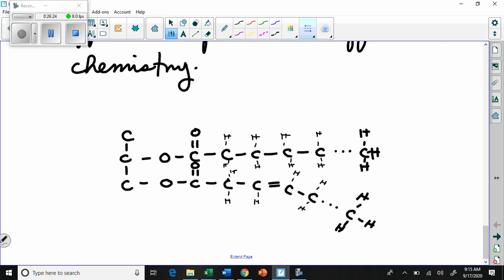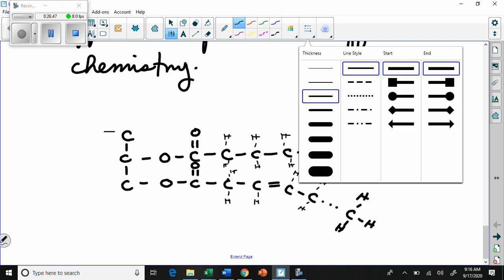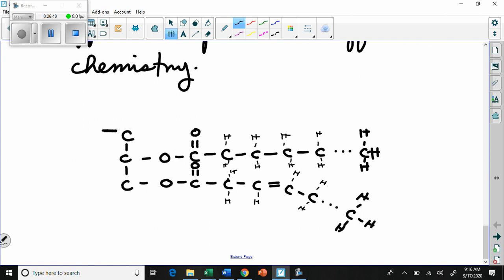There we go. Now, the other OH at the top, something cool can happen. Instead of bonding itself to another carboxylic acid to turn this diglyceride into a triglyceride, and remember that these bonds can rotate and spin, right? It tends to spin around the other way and attach to something else.